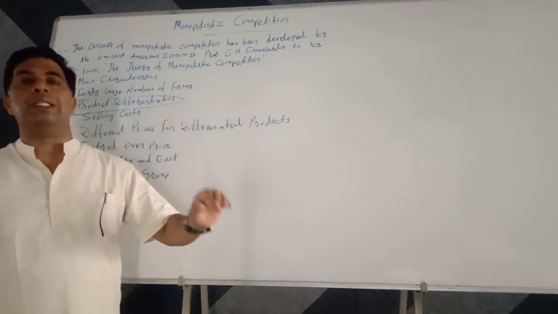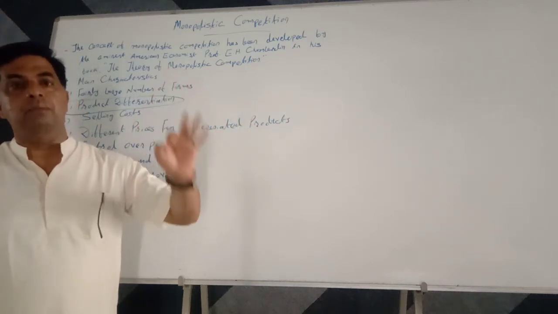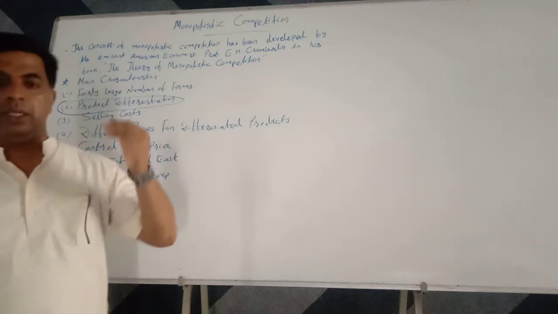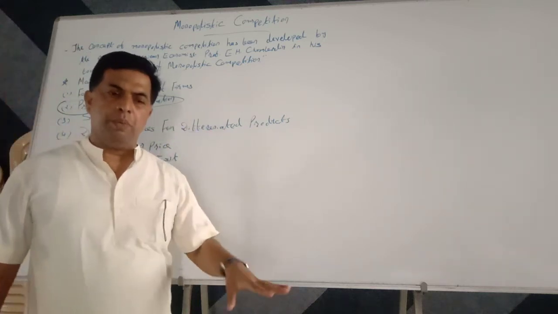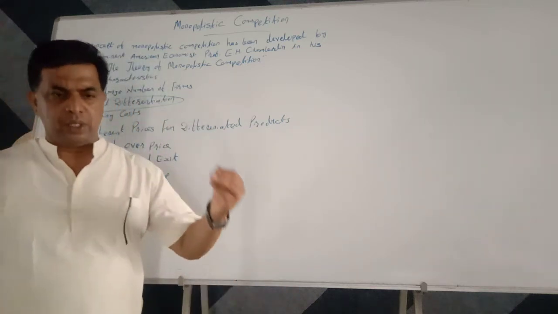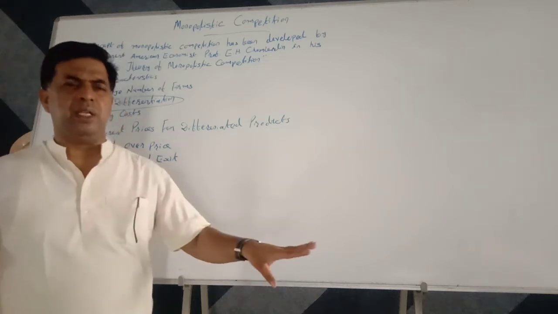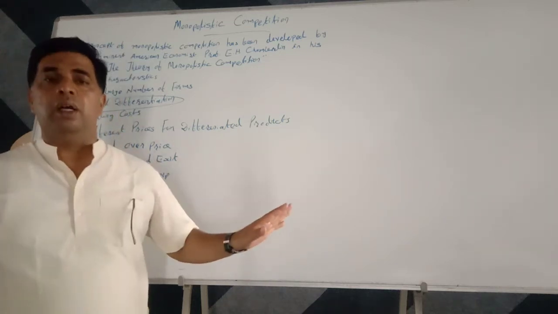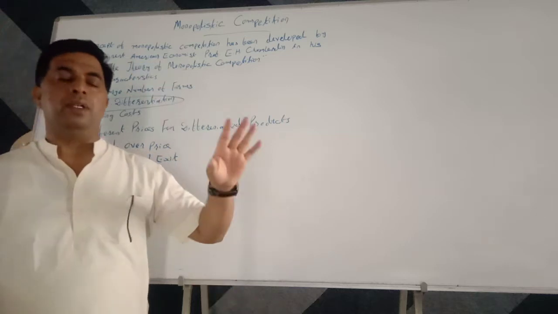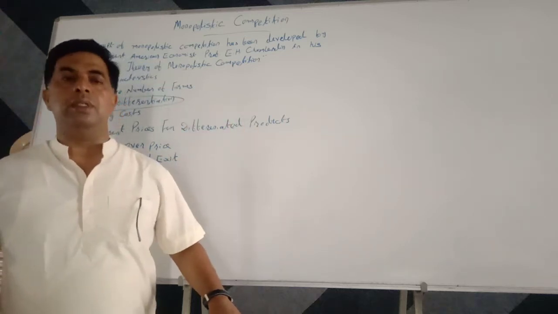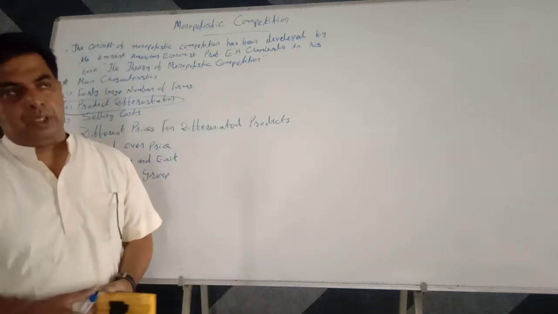Most of the products are under monopolistic competition, whether it is toothpaste, soap, detergent powder, electronic items, etc. We will include a number of goods and services in monopolistic competition.